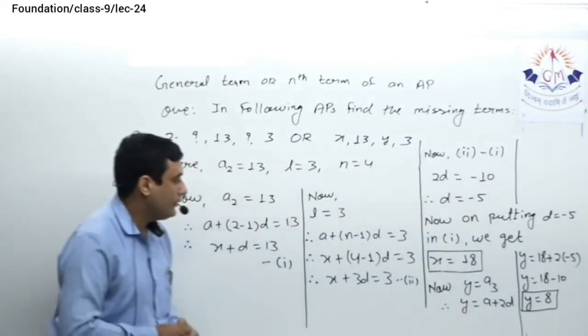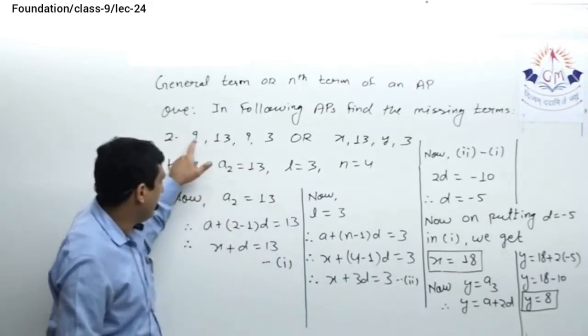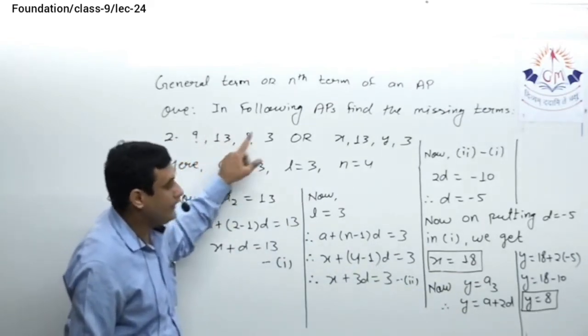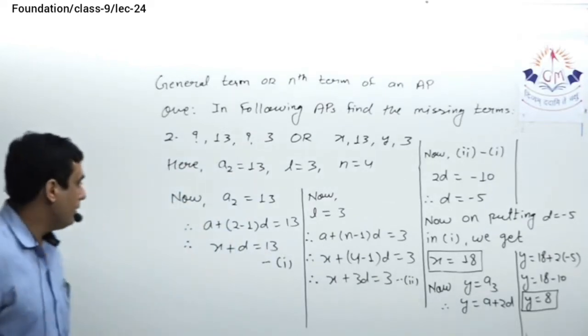So here I got the value of y as well. Please note it down. This is x, and now you can see the first term is 18, then 13, then 8, then 3. So this is again a decreasing AP. Please note it down.